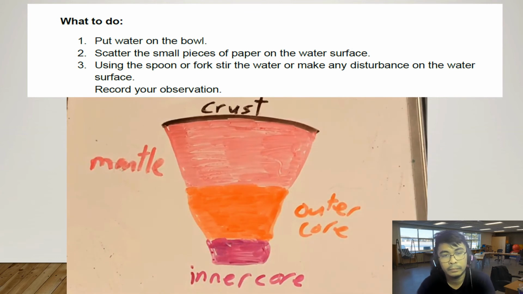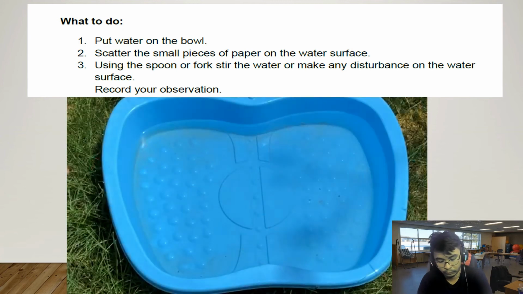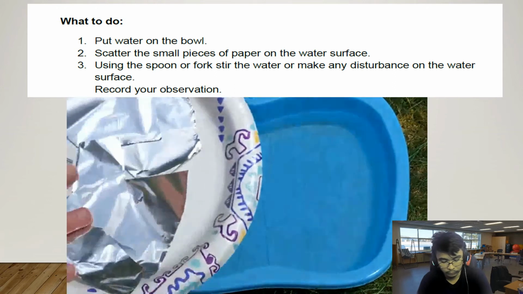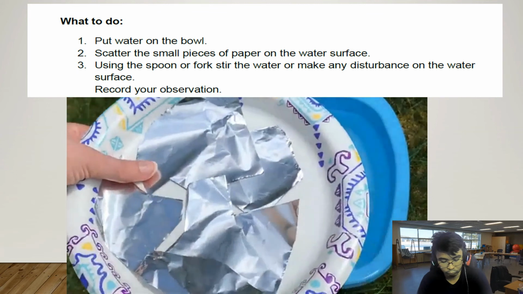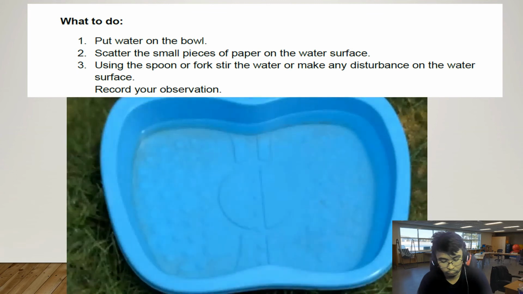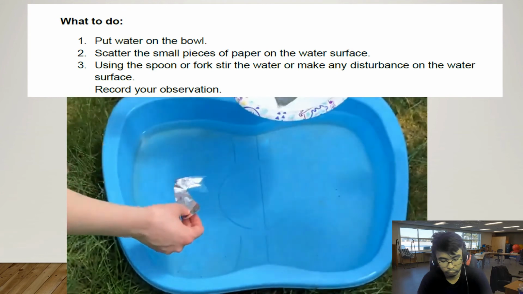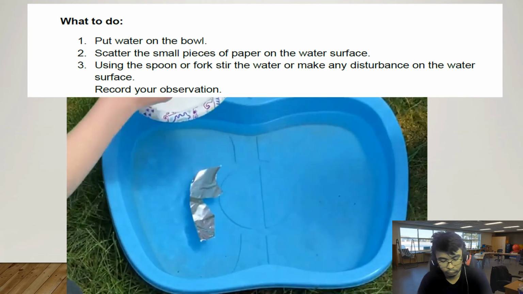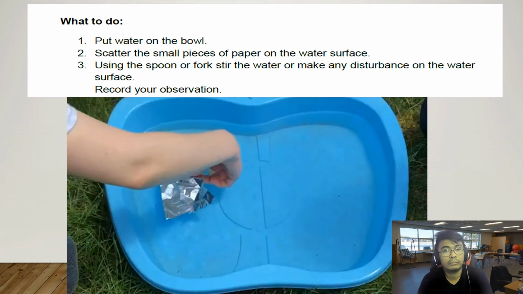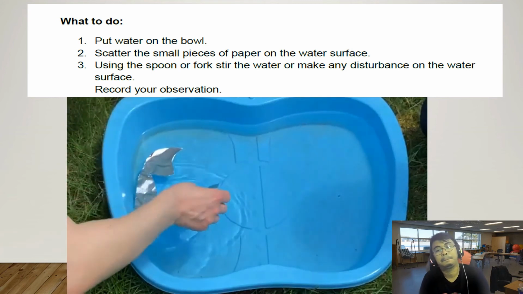Let's talk about the Earth's crust. Now, despite what I've drawn here, the crust is not one single solid piece floating atop the mantle. The water is going to be the mantle for this demonstration. The crust, I have aluminum foil pieces that I have cut into puzzle-like shapes. And these are going to be floating on top of the mantle.